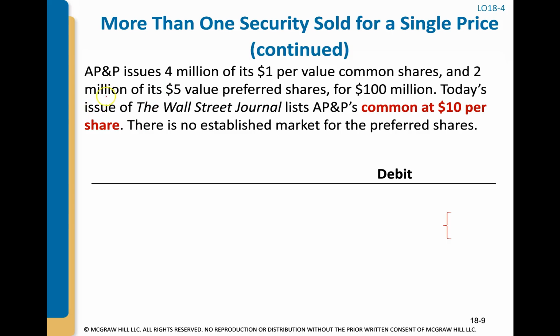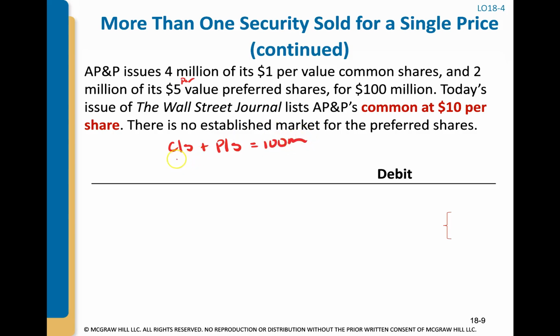APNP issues 4 million of its $1 par value common shares and 2 million of its $5 par value preferred shares for $100 million. So we have common shares plus preferred shares for $100 million.